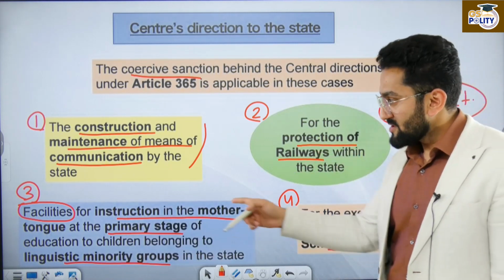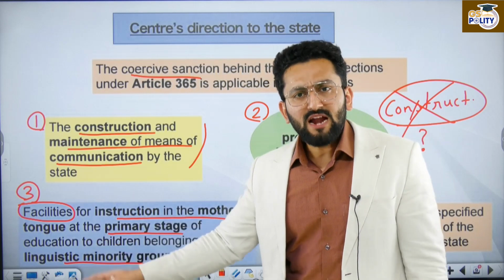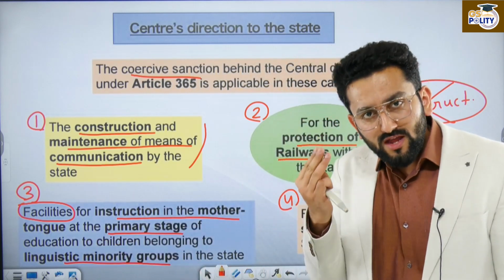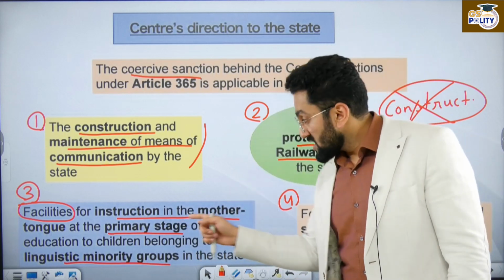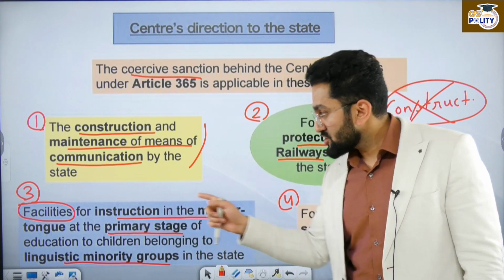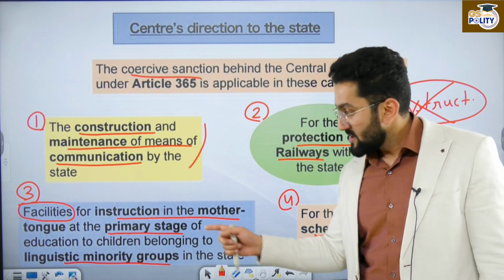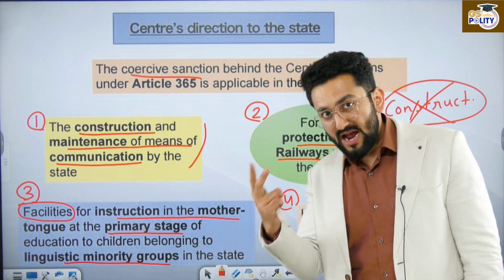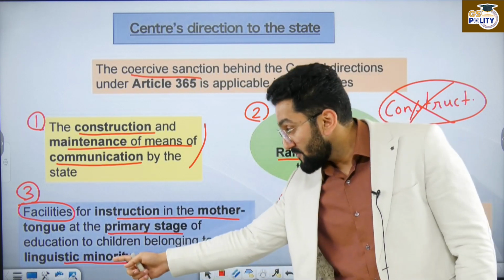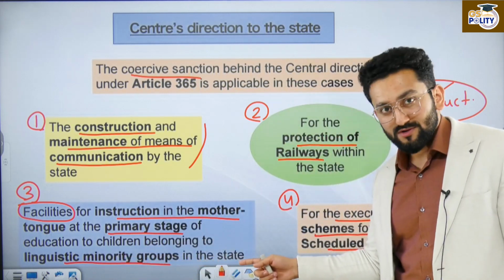Clear? Now, third, facilities. And facilities for what? There are 3 points here. Instruction in mother tongue, okay? Second, primary stage, means instruction in mother tongue at the primary stage, and for linguistic minority groups, okay?